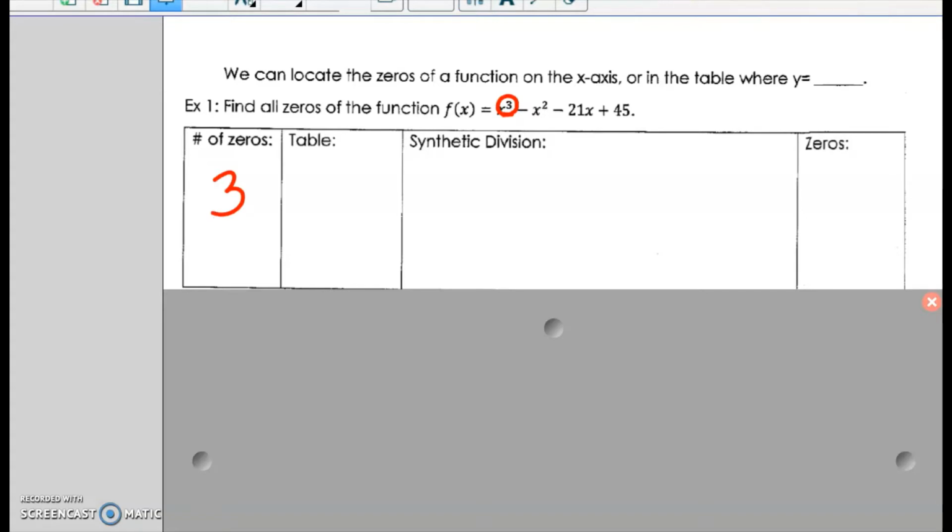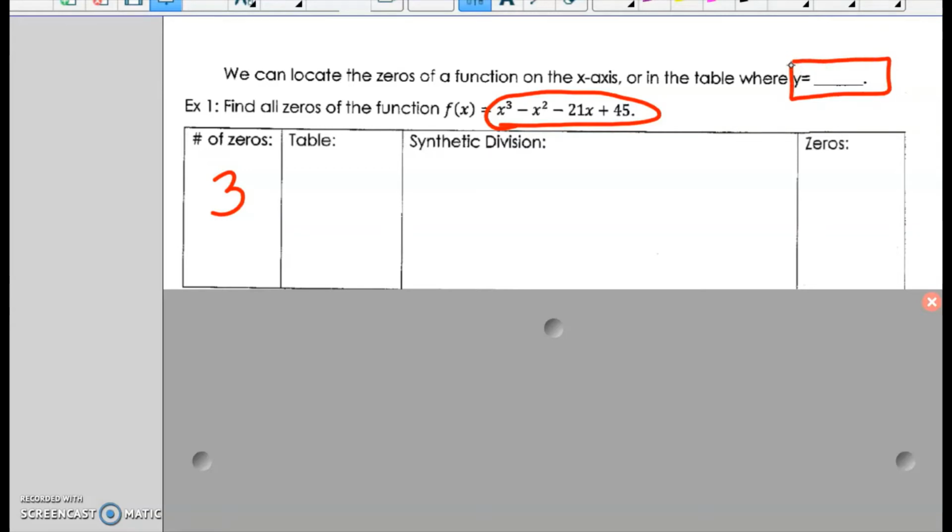From there, we're going to take this equation right here, and we're going to put it in the calculator where the y equals button is. And I'm going to show you where that is.